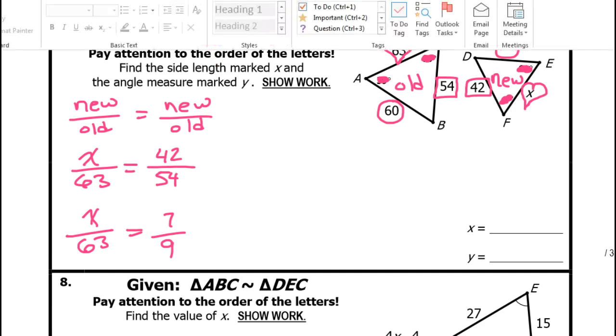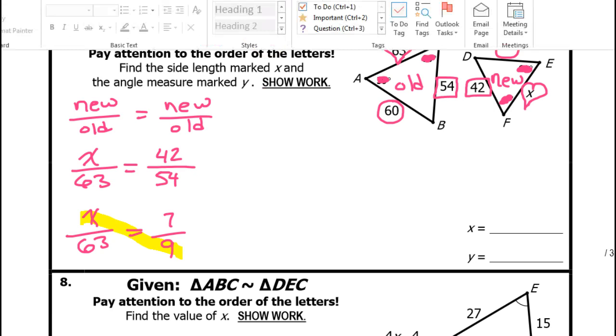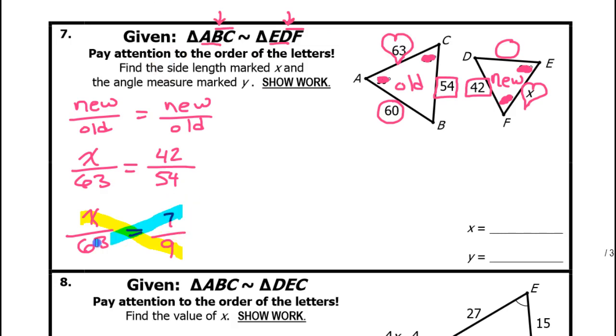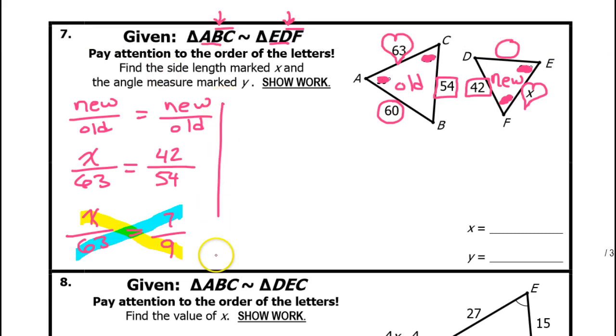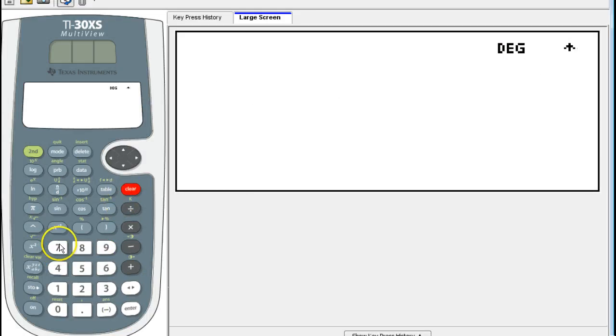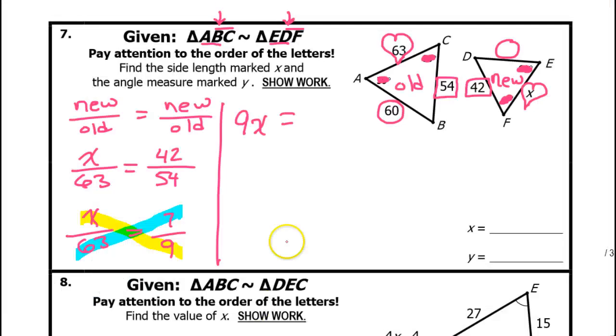So now we will cross multiply by multiplying these diagonals and setting it equal to what we get when we multiply these diagonals. Okay, so that will give us 9x equals whatever 7 times 63 is. 441.